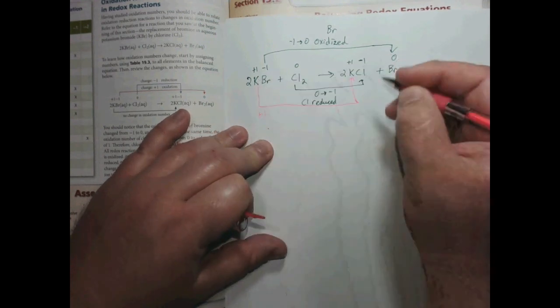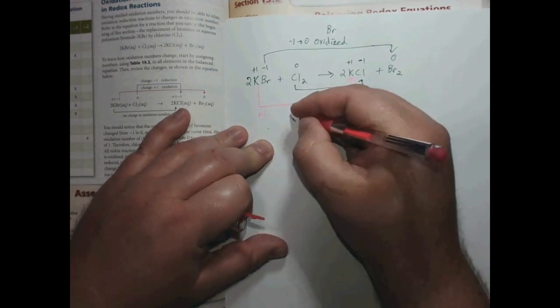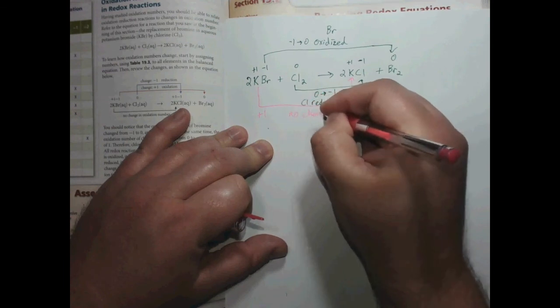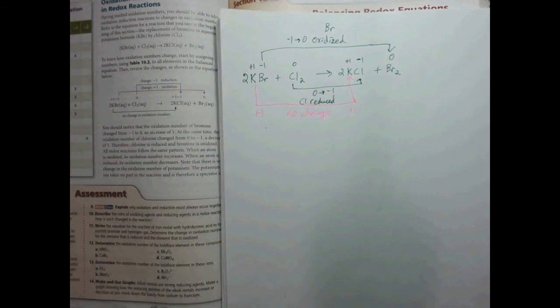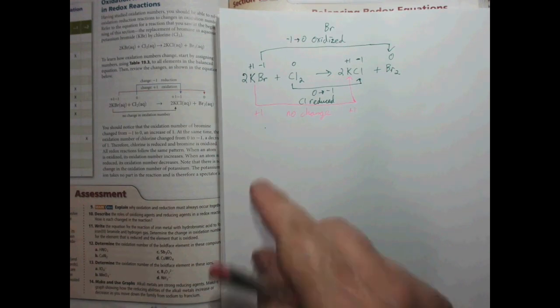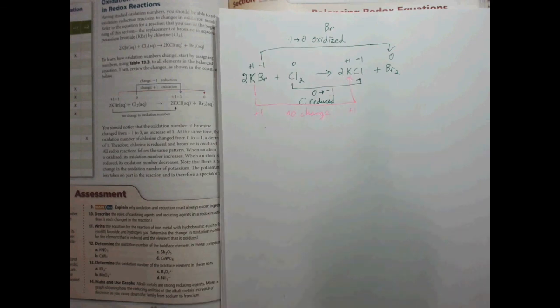It went from +1 to +1. There was no change. It wasn't oxidized or reduced. It wasn't involved, except that the electron that was stolen kept being stolen from it. In this reaction, potassium was not oxidized or reduced.